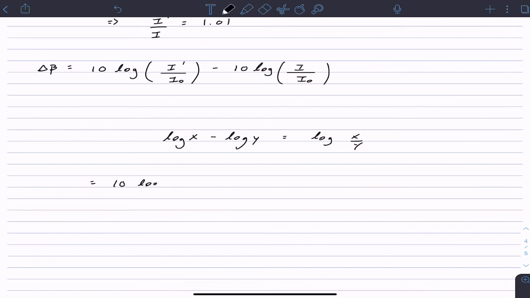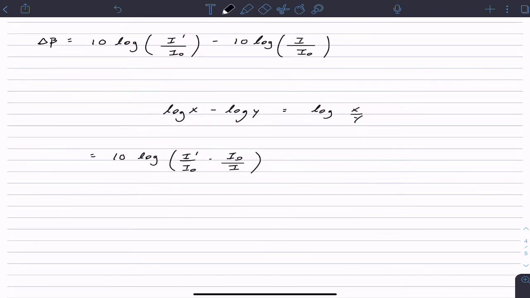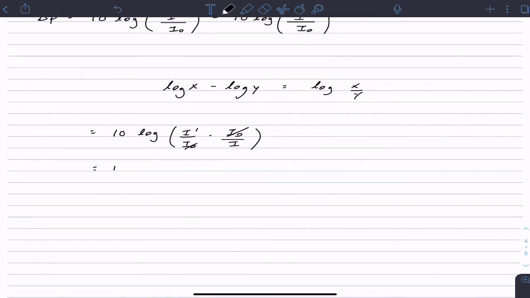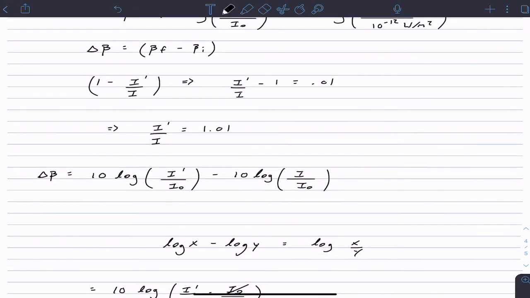That gives you 10 log I prime over I naught times the inverse of this argument, I naught over I. Well, these cancel. Then we're just left with 10 log I prime over I, which from the relationship we just found is equal to 1.01.